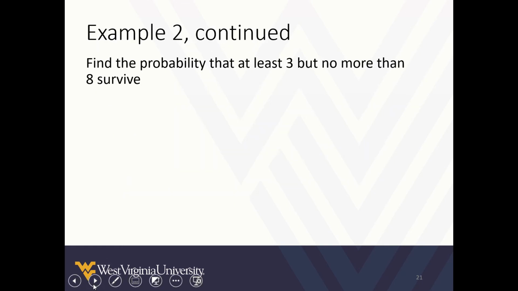So now that we have introduced the probability distribution and the wonderful table, let's do another example. Now we'd like to know what is the probability that at least 3 but no more than 8 survive. Once again, we still have the same sample size of 15, and our probability of success is 0.4, probability of failure is 0.6.